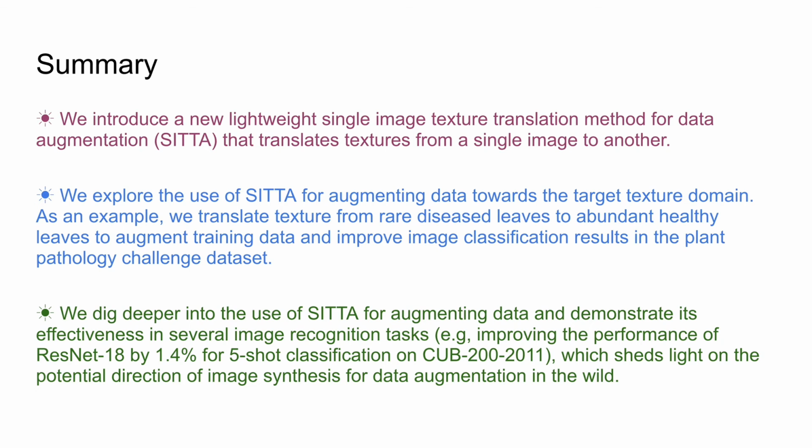Third, we dig deeper into the use of Sita for augmenting data and demonstrate its effectiveness in several image recognition tasks. For example, improving the performance of ResNet 18 by 1.4 for 5 shots classification on CUB 200 2011, which sheds light on the potential directions of image synthesis for data augmentation in the wild.